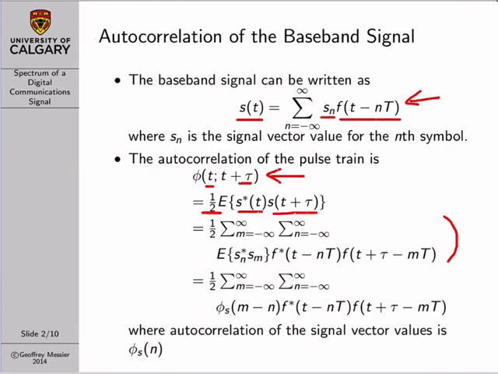And then you'll notice that the expected value operator I have shrunk so that it's only around the signal vector values. And that's a fairly standard trick that you can do when dealing with equations that have some components that are random and some components that are not random, right? So the thing that makes a communication signal random is the random information. And that means that the signal vector values which reflect the information are the random parts, but the basis functions are not random.